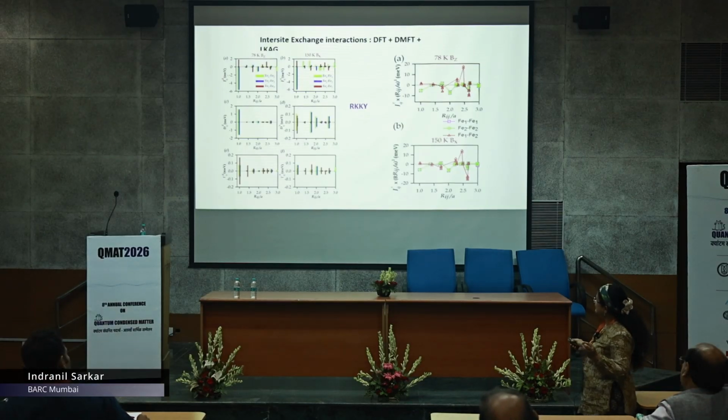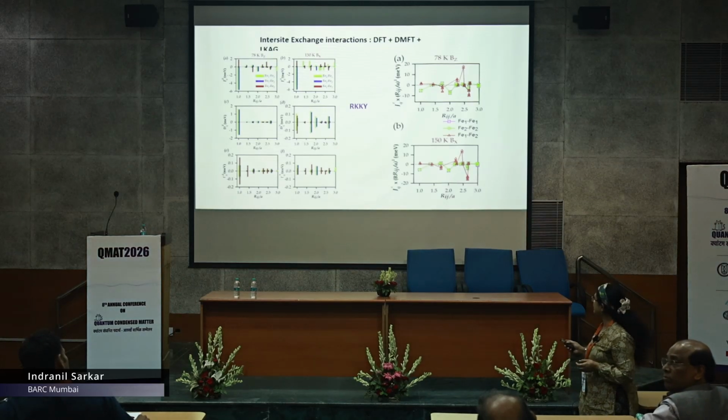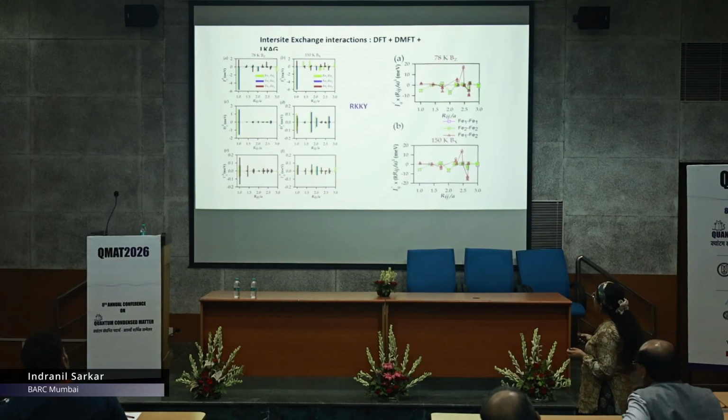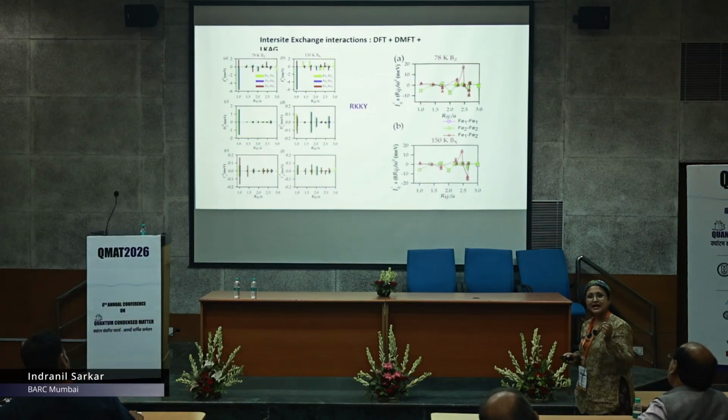More important is that the DM interactions are very high in these systems, and the pseudo dipolar exchanges are also very high. And if you look at the RKKY scaling, then for all three exchange interactions, Fe1-Fe1, Fe2-Fe2 and Fe1-Fe2, all of them have RKKY type exchange behavior.